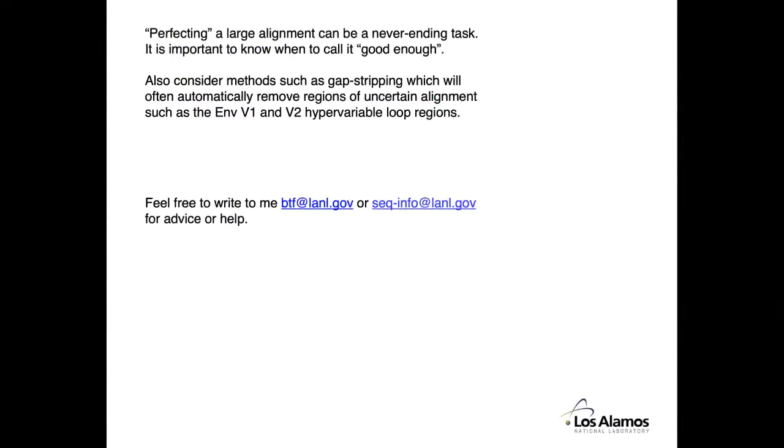If you want the most accurate phylogeny, you'll never get that V1 funky region aligned correctly, so it's just noise in your data. But it's really quick and easy to delete that region, either by selecting it by hand or by using a gap stripping program to strip out regions that have gaps in X percentage of your sequences. And that just removes that noisy region from your data.